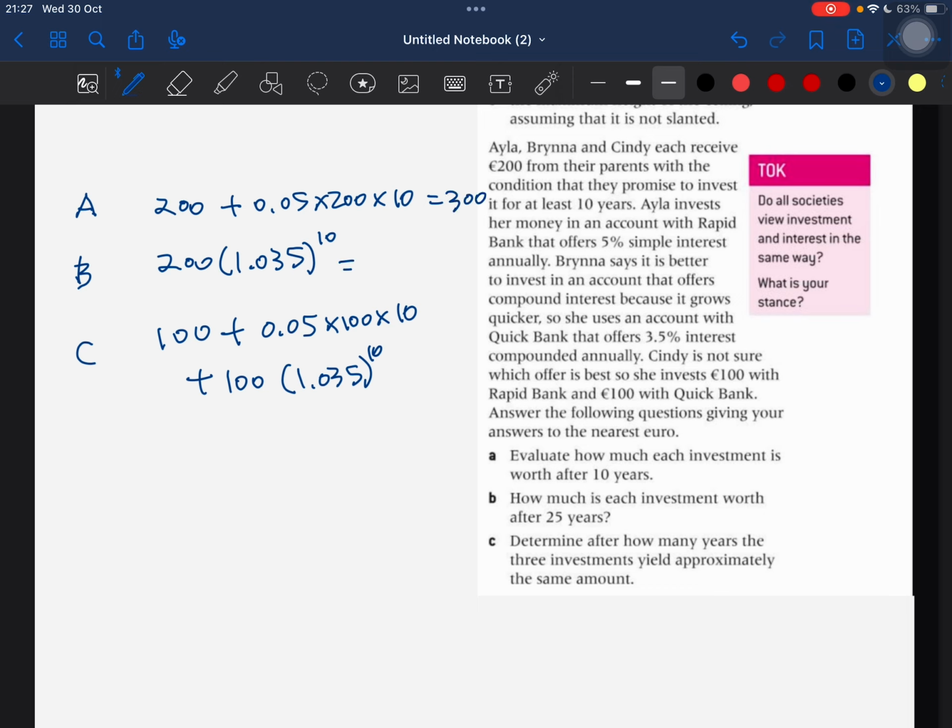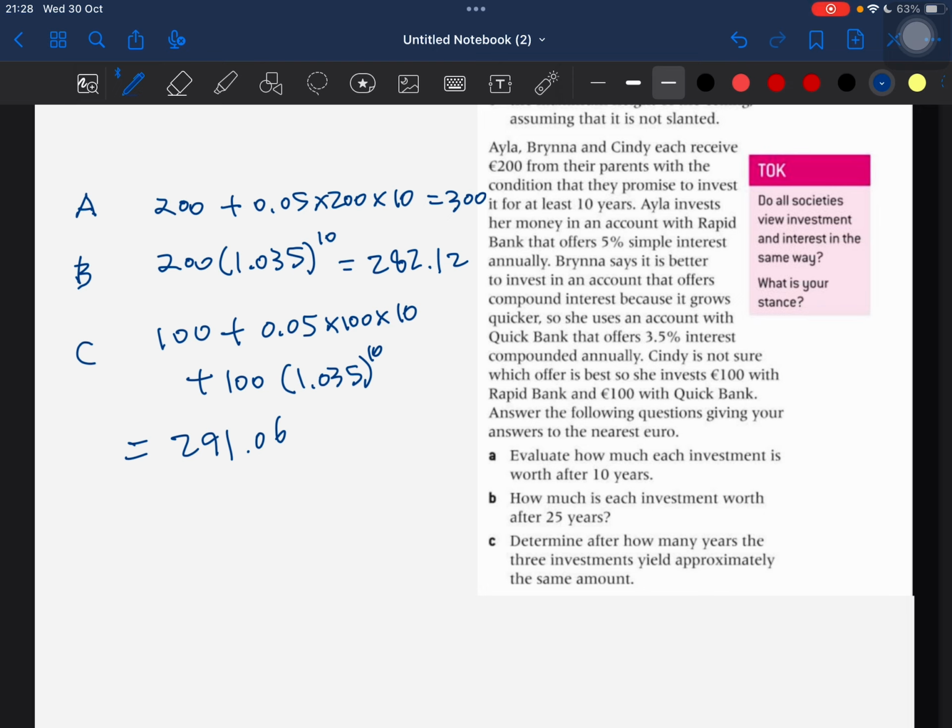And this one, 200 times 1.035 to the power of 10, is 282.12. And C, let's make it plus 150, so 291.06. So each of them has this result after 10 years.